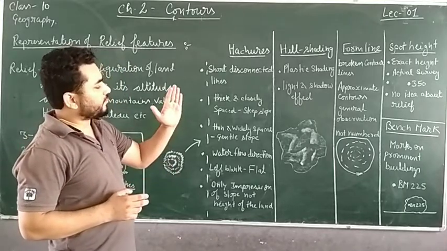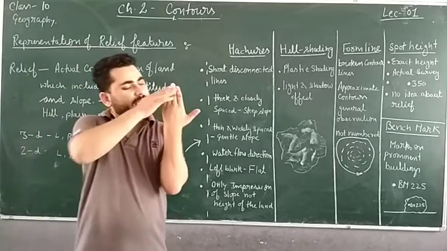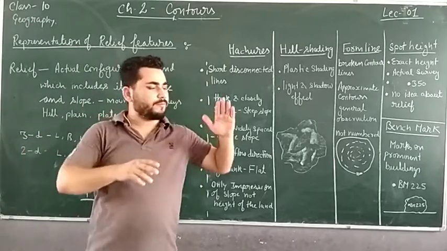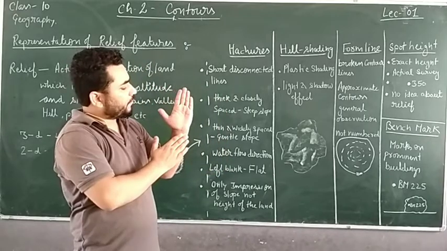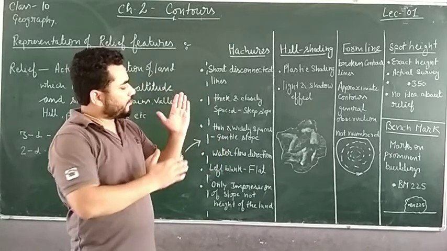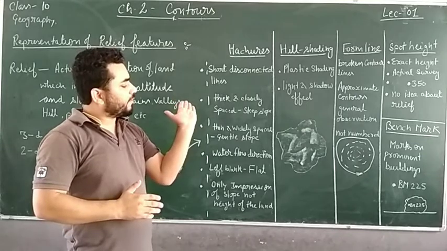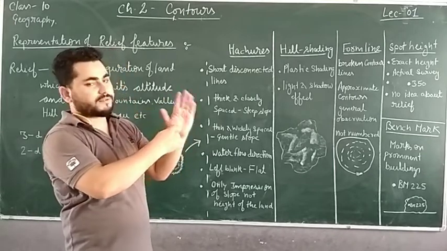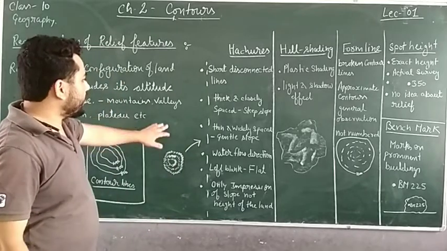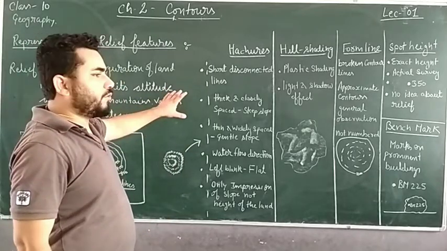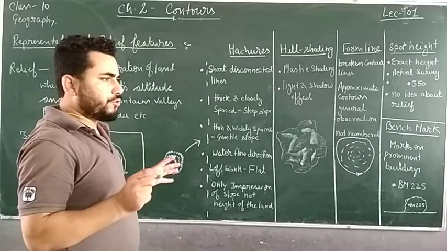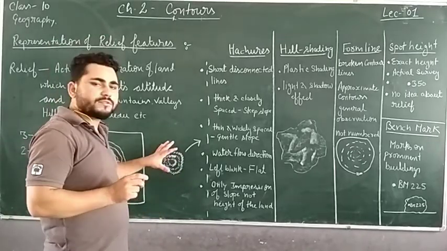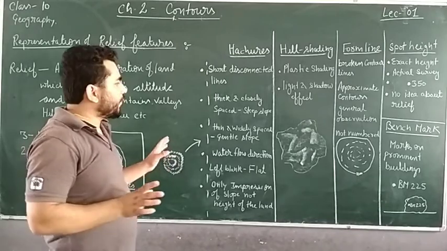So at these places the slope is steep. This is a steep slope, right? Now it is becoming a gentle slope. If you make it gentle, then it will look like this. More steep, more steep, steepest. So in order to show a landform on a piece of paper, we draw such lines.